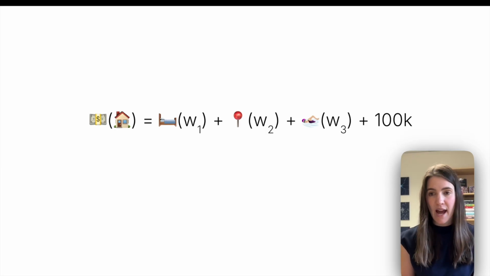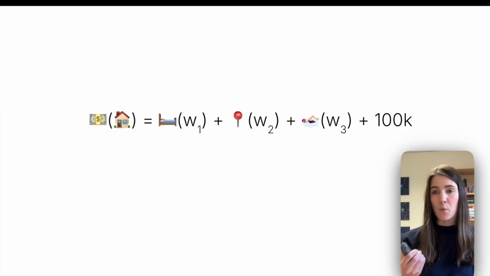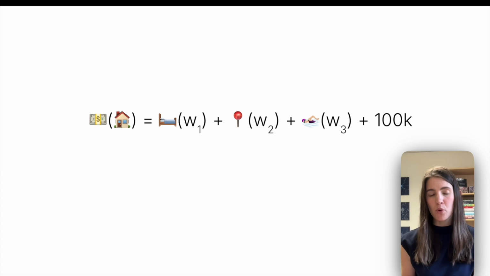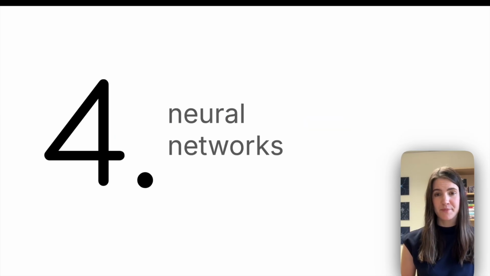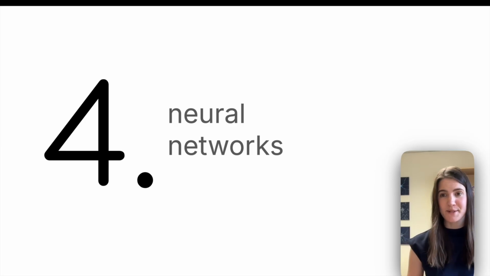So we weight how important bedrooms are, we weight how important location is, and we weight how important having a pool is to our overall house price. And that is multiple linear regression. And this forms a foundation for what we're going to talk about in the next episode, which is neural networks.